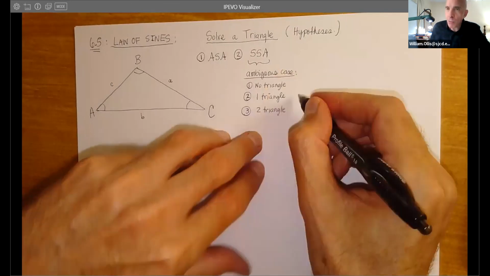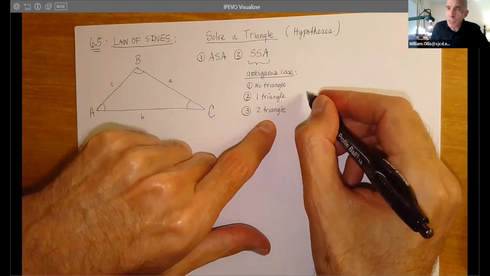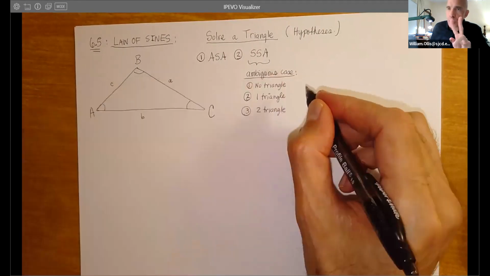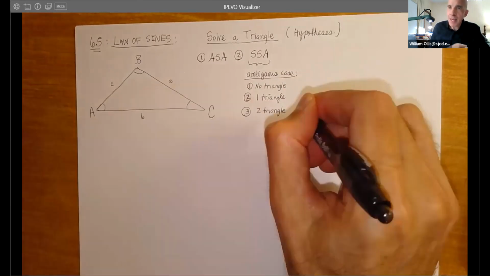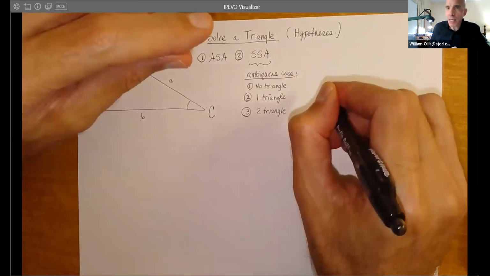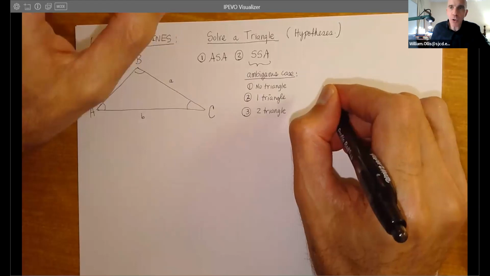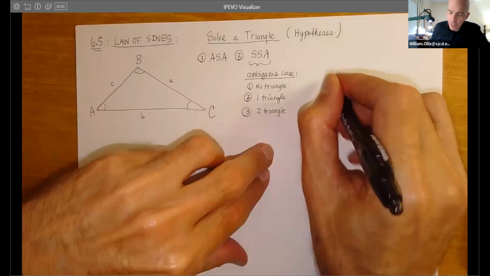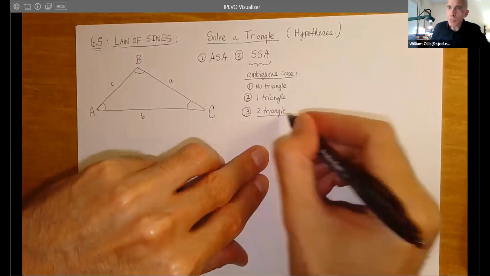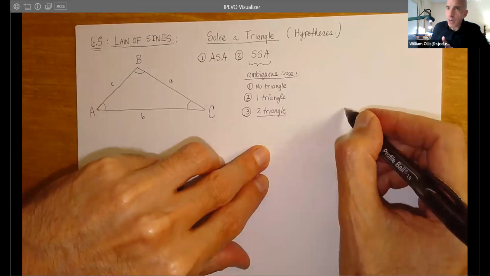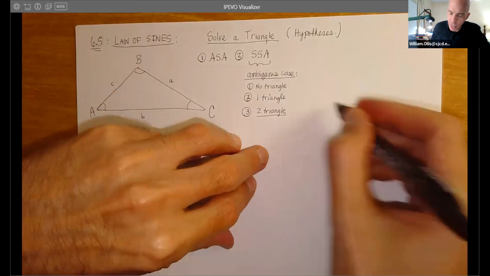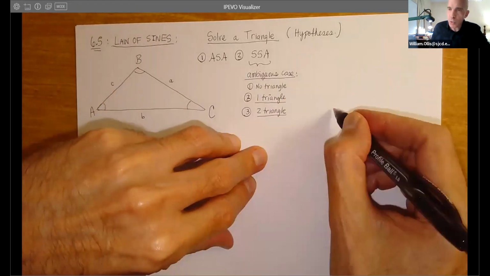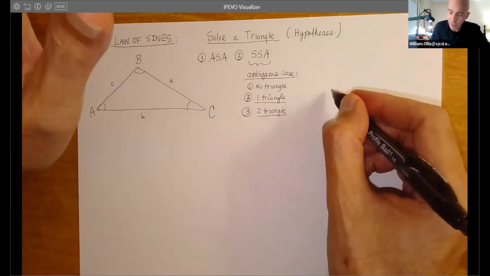It just means that when you start solving equations, you get two solutions, and you check one, work that out, and you check the other and say, okay, do I get legitimate angles or not? If you do, then you end up with two triangles. If one of the equations doesn't give you a legitimate triangle, you just get one triangle. And then of course the no triangle is the case with everything.